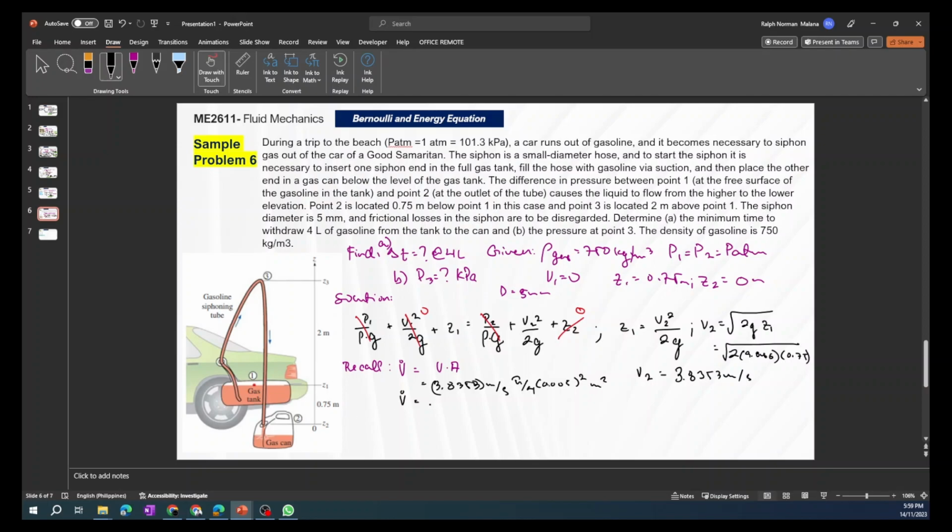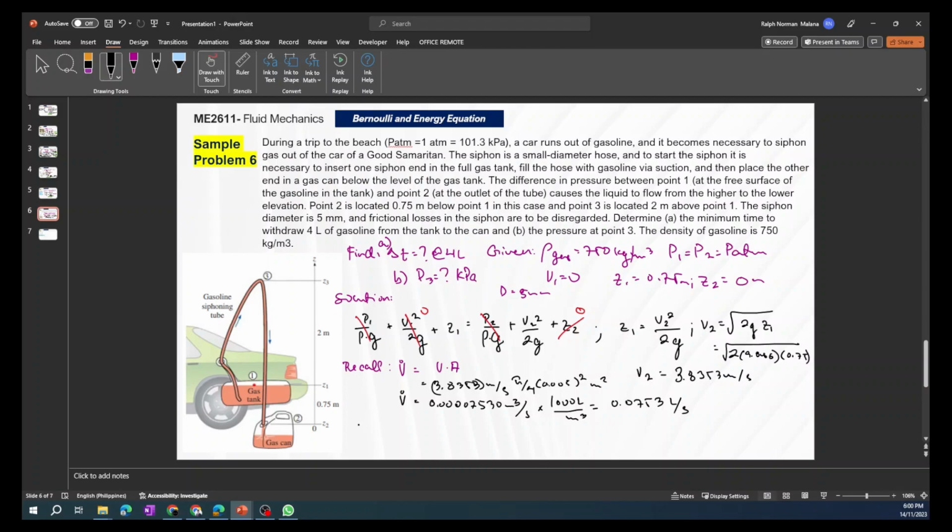So this is going to be 7.530 times 10 to the minus 6 meter cubed per second, or simply multiply that by 1000 to get liters. And that will give you 0.0753 liters per second. Luckily, we're being asked the minimum time to withdraw 4 liters of gasoline.